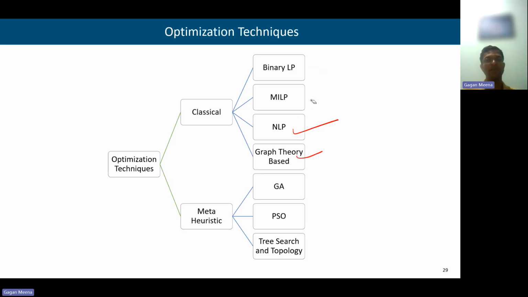These are the four classical optimization techniques, and the second category is the meta-heuristic techniques. Examples include the genetic algorithm, particle swarm optimization, tree search, and topology based.